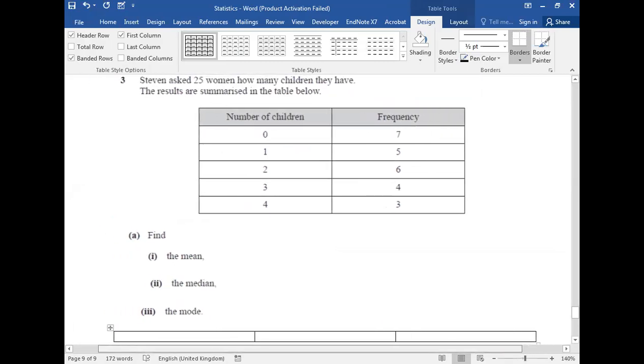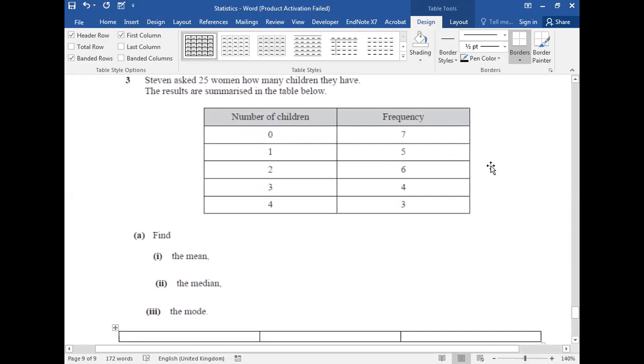What is the data in this question? How many children women have is our data. We asked 25 women, how many children do you have? And the data that we are gathering is the number of children. So what possible values is my data attaining?